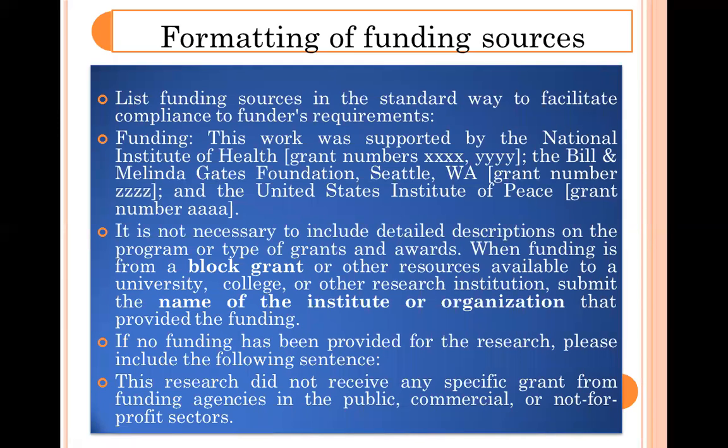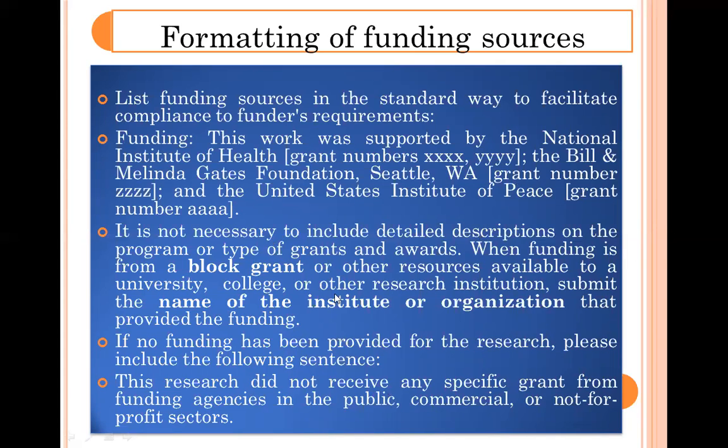Then, in the science field, very importantly, many researchers get funds from various funding agencies, whether the Bill Gates Foundation, the Indian Department of Science and Technology, WHO or UNESCO. So they are getting funds from many funding bodies and they do research. If you are receiving any fund and doing research, then that funding body information should be given in your research paper.